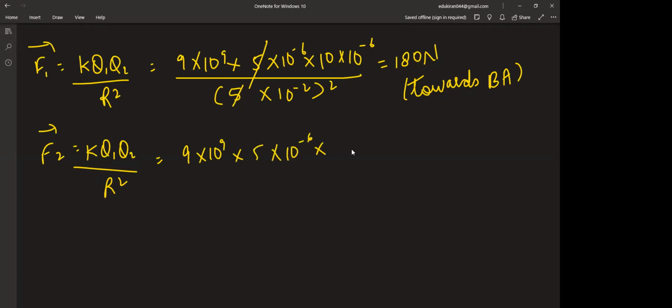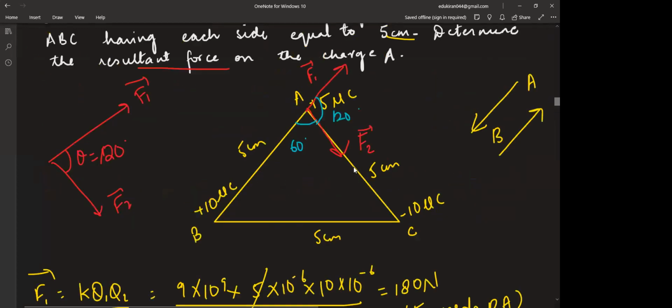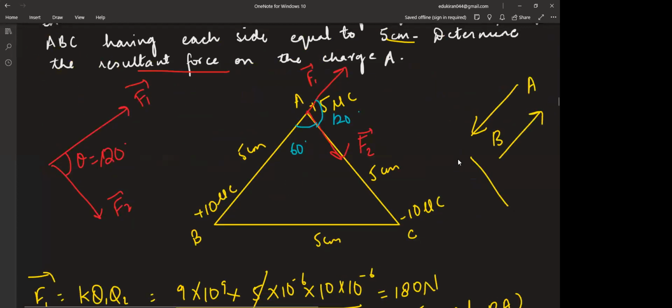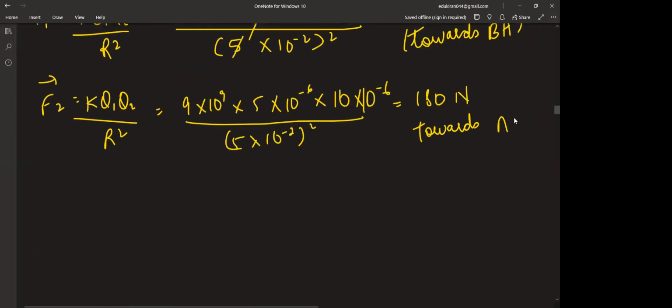Minus 10 we won't take; we'll take it as 10 into 10 to the power minus 6 only, because we take the magnitude. So 5 into 10 to the power minus 2 whole square. Again, this will be 180 Newton. It's just that the direction is towards AC. That is this way. This is A, this is C.